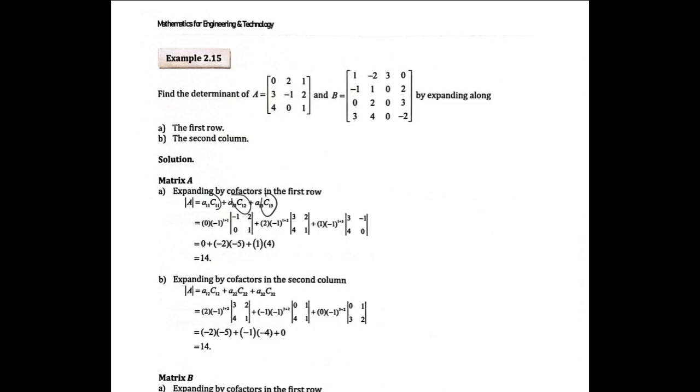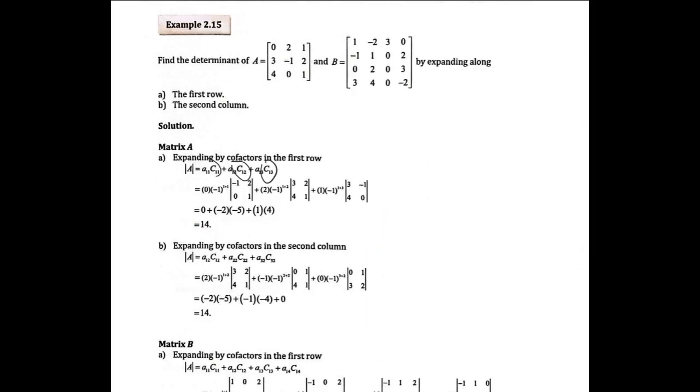For example, if you look at B, this is actually the best column to choose because it has a lot of zeros. It will ease our calculation later on. Now, if the question asks you about the determinant, then you can use the cofactor expansion, any column, any row, to find the determinant of that particular matrix.